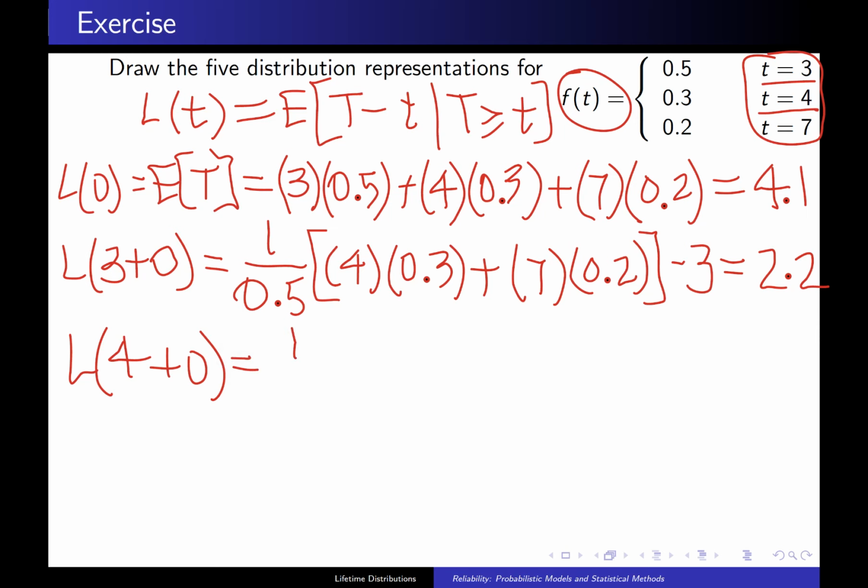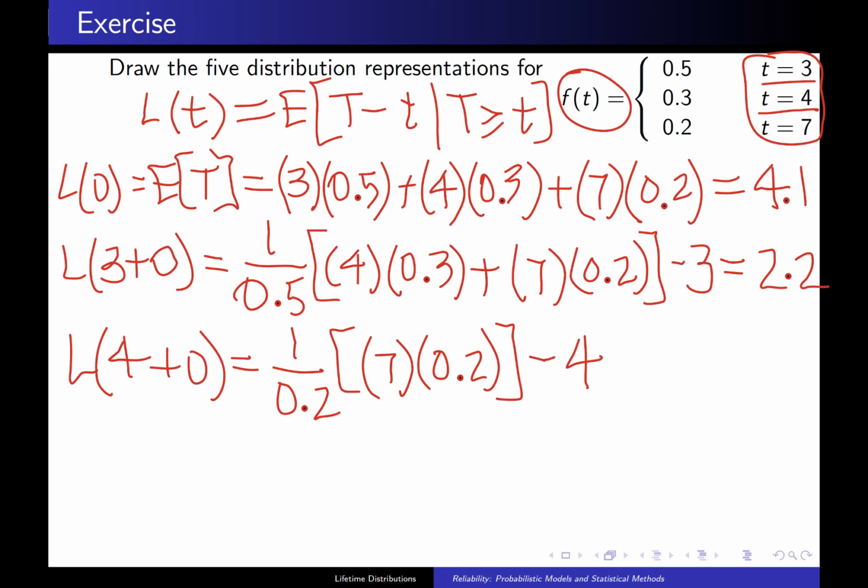So in this case, we once again take 1 over the survivor function, that's 1 over 0.2, multiplied by the summation, but this time the summation is just 7 times 0.2. You can see the 0.2s are going to cancel there, so you're just going to get 7. And once again, you subtract off t, which in this case is 4. 7 minus 4 gives you 3.